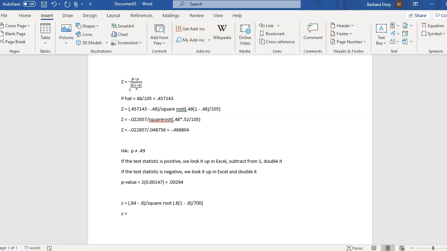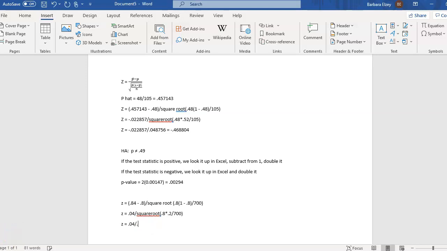On the top, 0.84 minus 0.8 is going to give us 0.04. Before I do any of the square root, I want to go ahead and subtract 1 minus 0.8, which is 0.2. And now I can do the entire bottom in my calculator. The square root of 0.8 times 0.2 divided by 700.